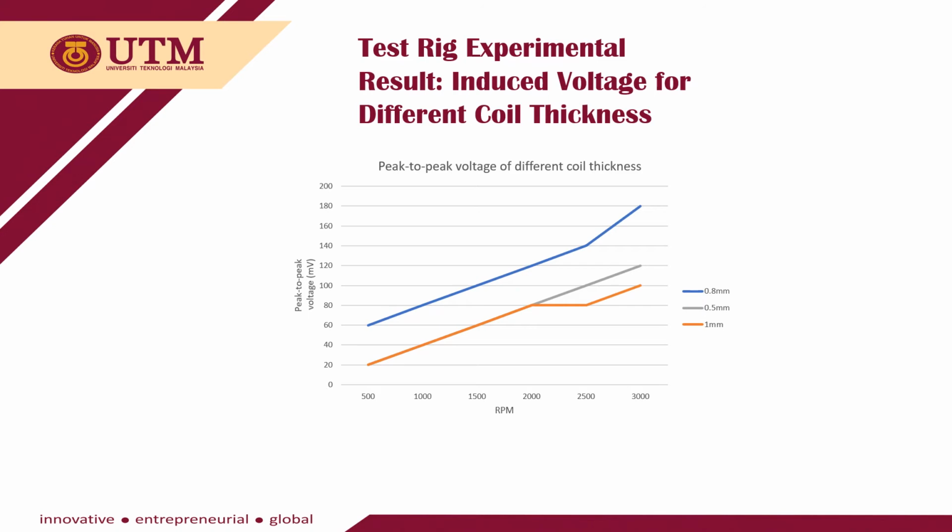For 0.8 mm coil thickness at 3000 rpm, it is 180 mV. And lastly, for 1 mm coil thickness, the output is 100 mV at 3000 rpm. So here we can say that 0.8 mm coil thickness shows the highest output out of all 3.